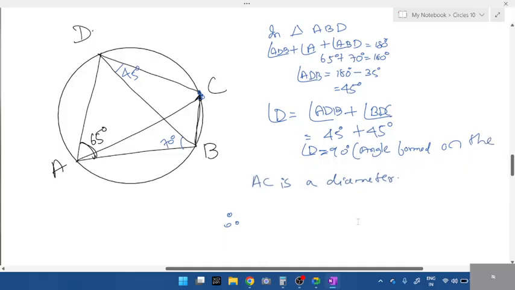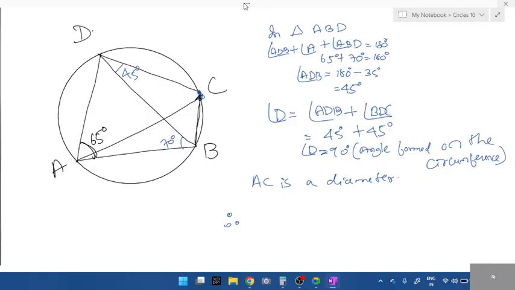Just mention this: angle formed on the circumference is 90. Therefore AC is the diameter.